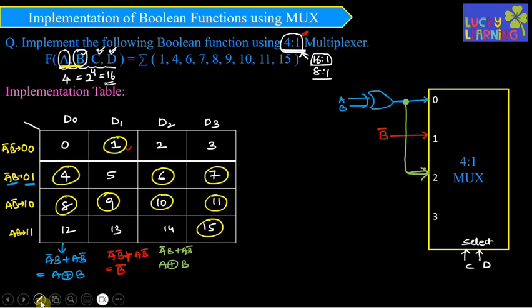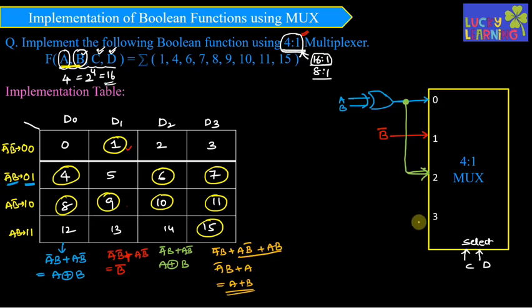And the last one, data input 3, is a function of minterms 7, 11, 15. 7 is A dash B, plus 11 is A B dash, plus 15 is A B. Suppose if I take A common of these two, what I am going to get is A dash B plus A. Now A plus A dash B is same as A plus B according to the theorem.